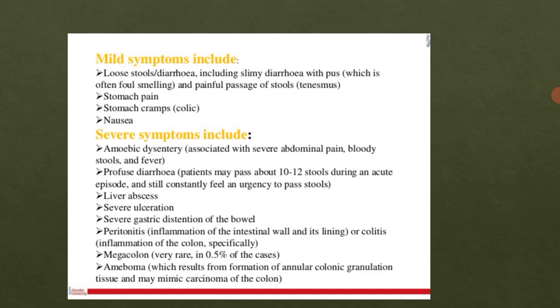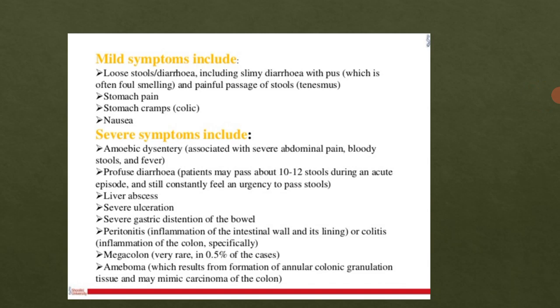Then liver abscesses, severe ulcerations, then severe gastric distension of the bowel, that is the stools, then peritonitis, that is inflammation of the intestinal wall and its lining. It can also be called colitis, that is inflammation of the colon. Then megacolon, which is very rare, occurring in 0.5% of cases.